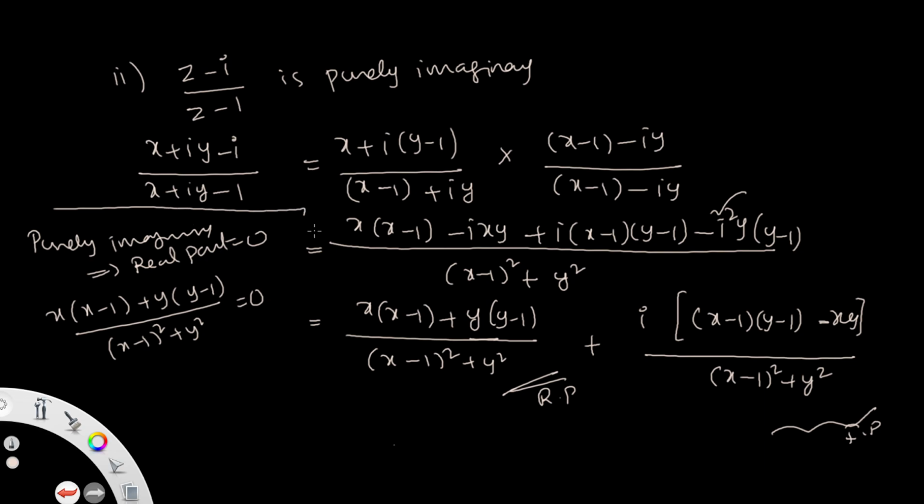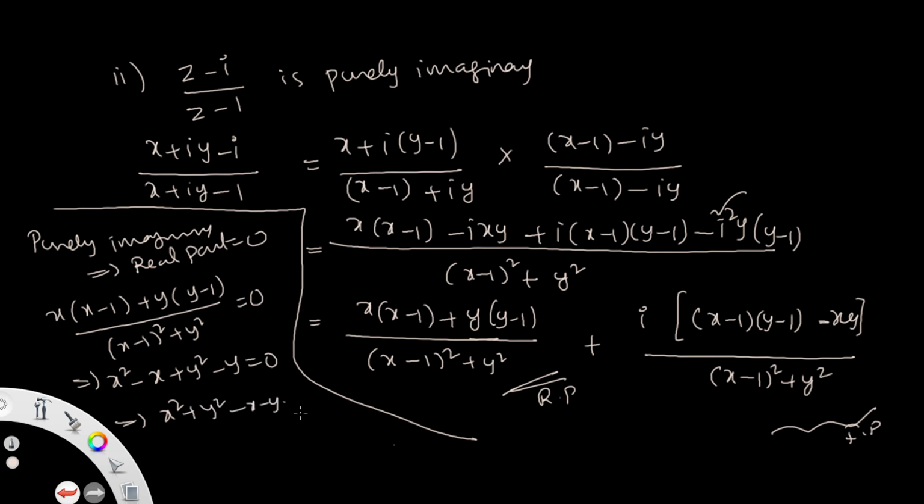I am writing it by the side, Nana; you have to think. Now simplify: x square minus x plus y square minus y equals 0. Then write in order: x square plus y square minus x minus y equals 0, which is nothing but the equation of a circle. This carries 4 marks in the IPE question.